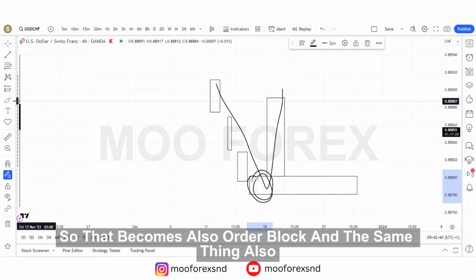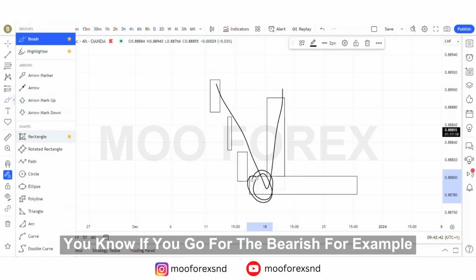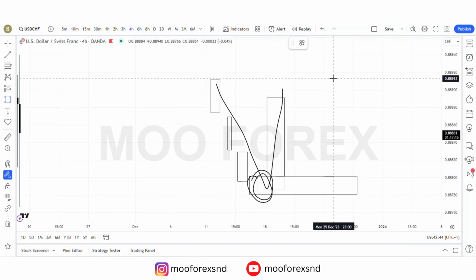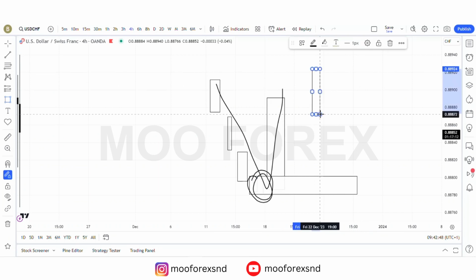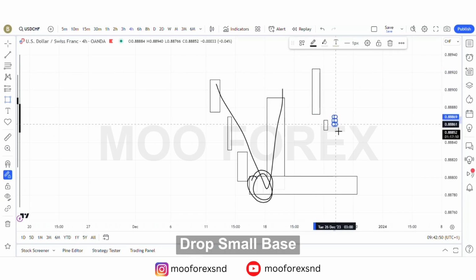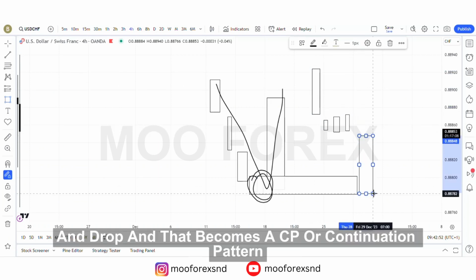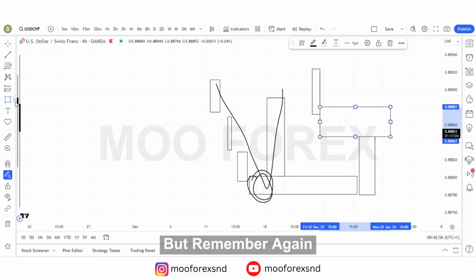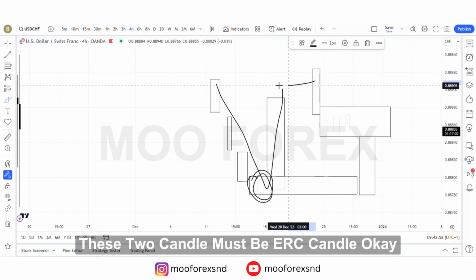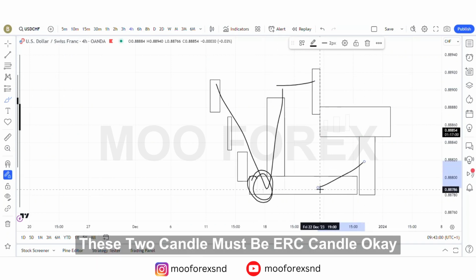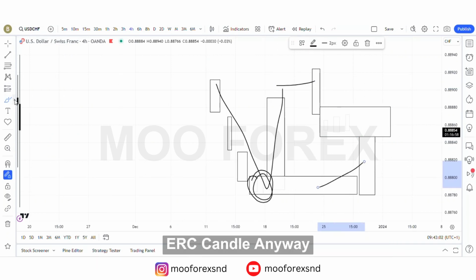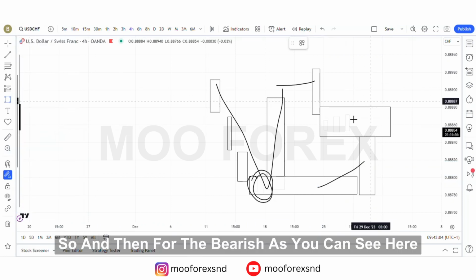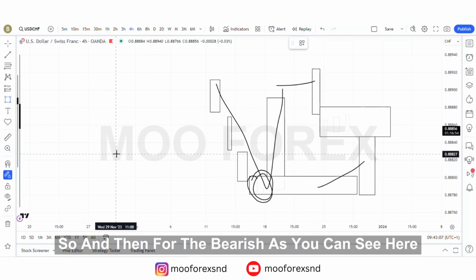And the same thing also, if you go for the bearish, for example, here, drop, small base, and drop, and that becomes a CP, continuation pattern. But remember again, these two candles must be ERC candles.